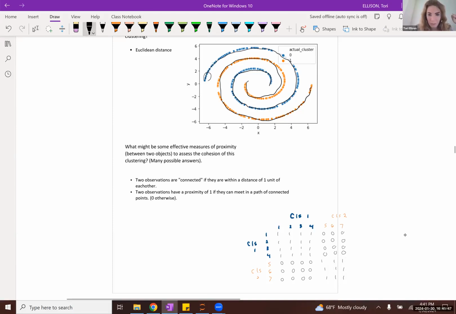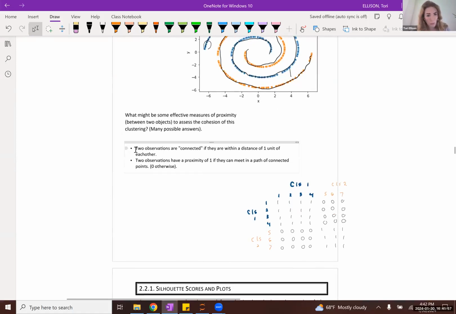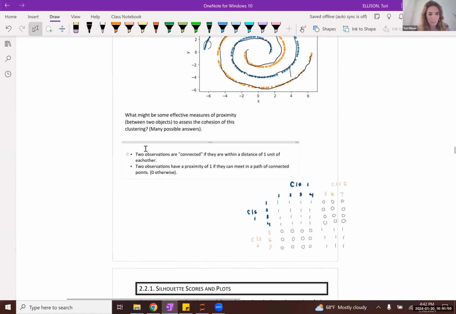But because blue and orange can never connect with each other in a connected path, their proximity is going to be 0. So in this case, what we have just defined here is a similarity proximity metric. And the proximity matrix that we have created using this proximity metric does in fact indicate that this is a good clustering.